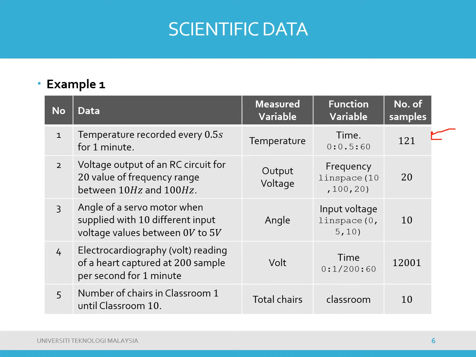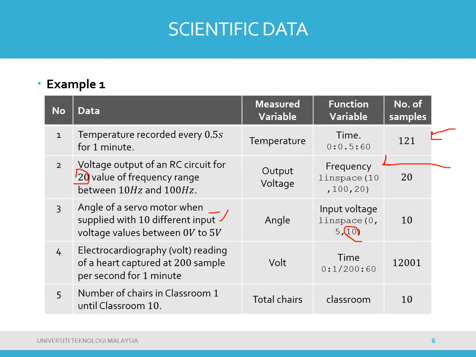But if you want a fixed number of values, for example 20 values, I suggest you use linspace. Same here: if you want 10 different inputs, you just use linspace.